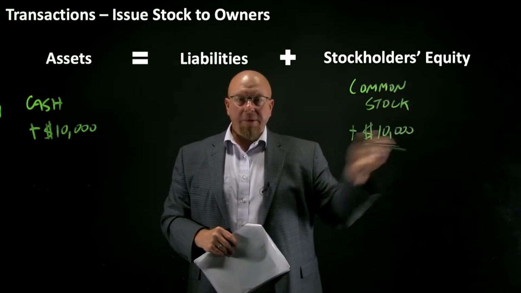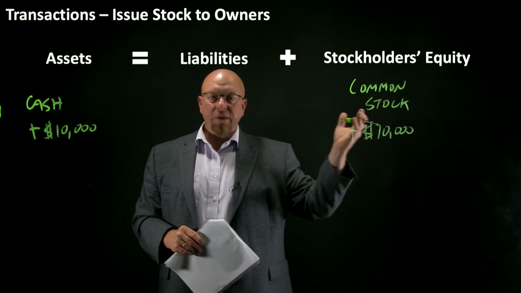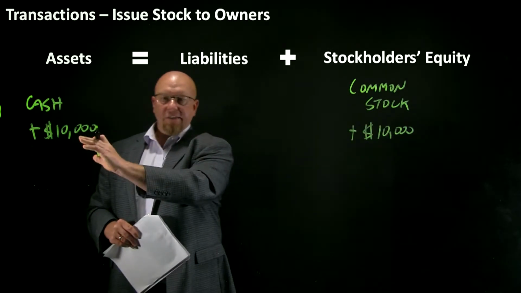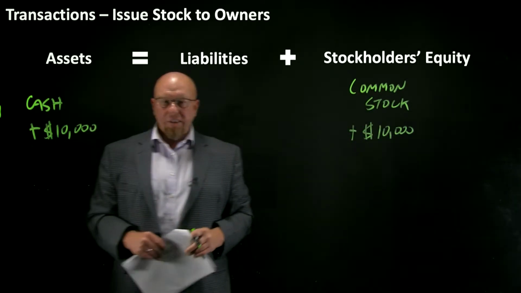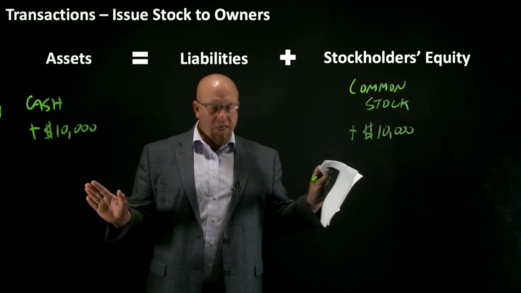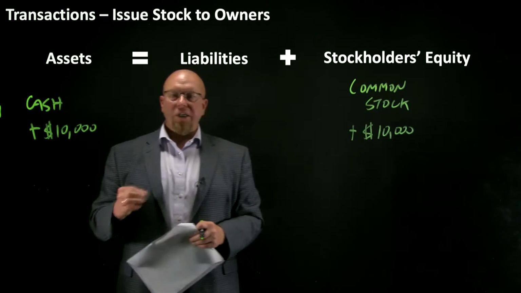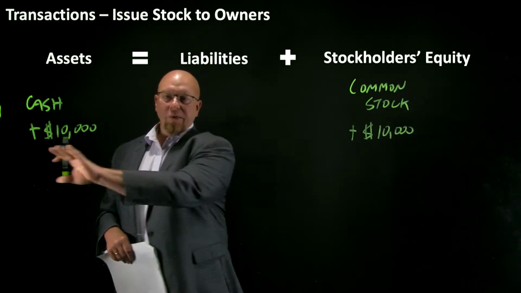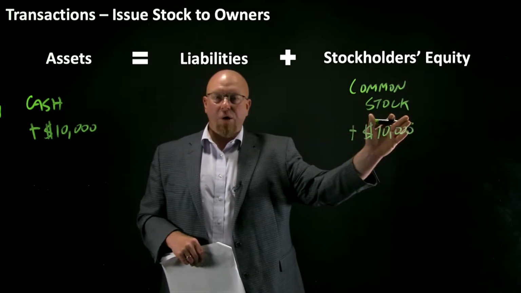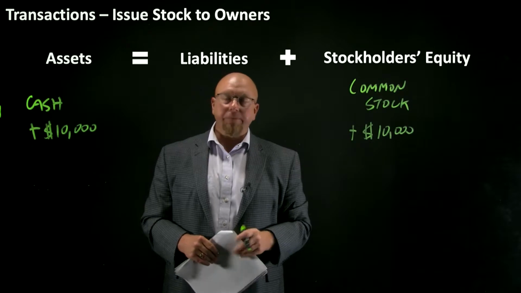And there's common stock that also increases by $10,000 because this is the owner's claim to the net assets of the company. If for some reason this company decided, you know what, we're going to fold. We decide not to run a coffee house, look what would happen. The company would write a check to the shareholder, cash would go away, common stock would go away, and the company would have no assets, liabilities, or stockholders' equity.